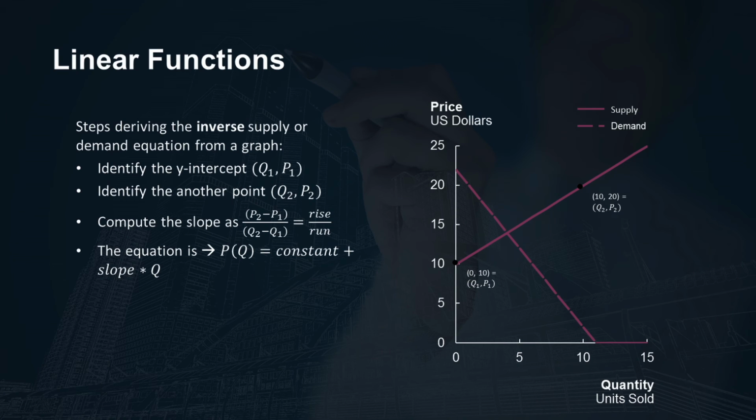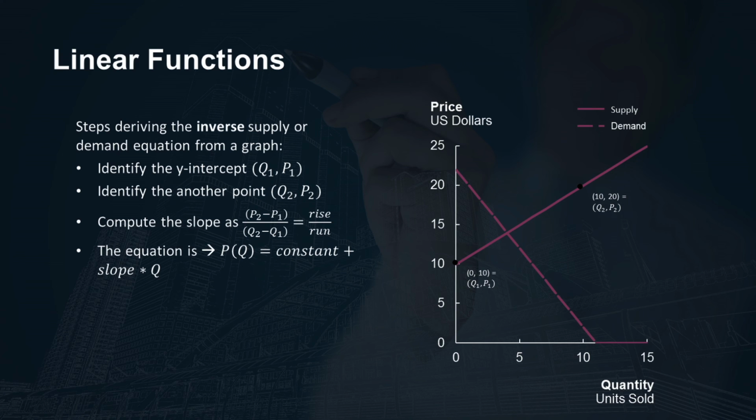We can also take graphs and interpret the linear equation from them. Again, all we need is the y-intercept and the slope. So on this graph, let's take a look at the supply equation. The supply equation is the line that's sloping upwards. So we have a positive slope in this case. And notice the y-intercept is at 10, and we have another point on the line, at 10 and 20.